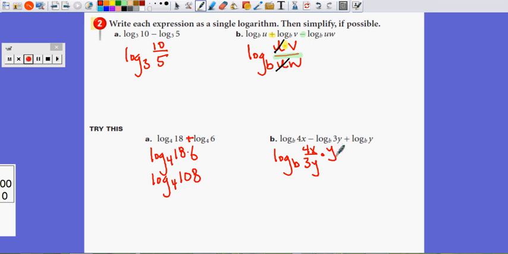So as of right now, what we have is log base b of 4xy over 3y, and the y's cancel over here. So our final answer is going to be log base b of 4x over 3.